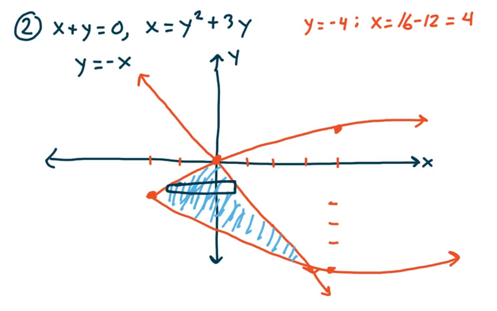Because notice, no matter where I'm at, I have one rectangle and one rectangle only. And notice how the rightmost function is over here. The leftmost function is over here, right?